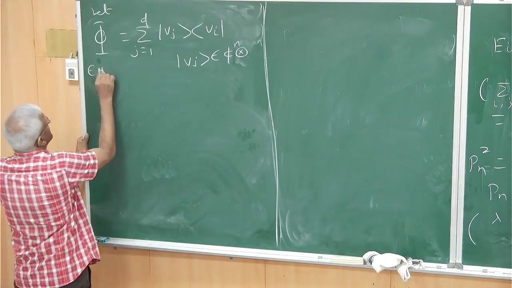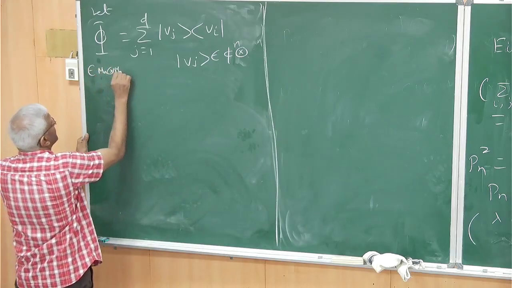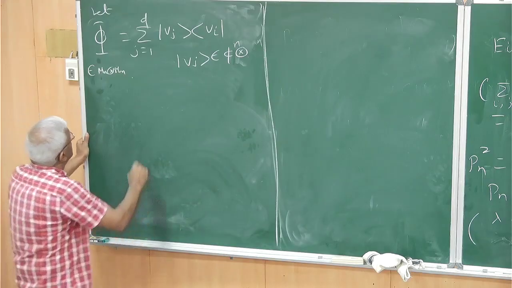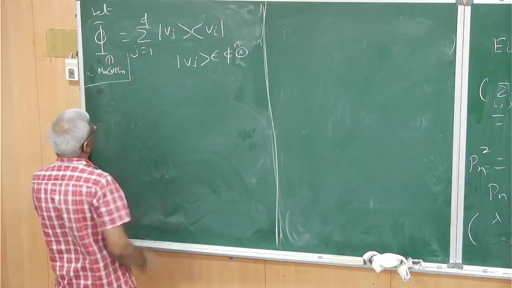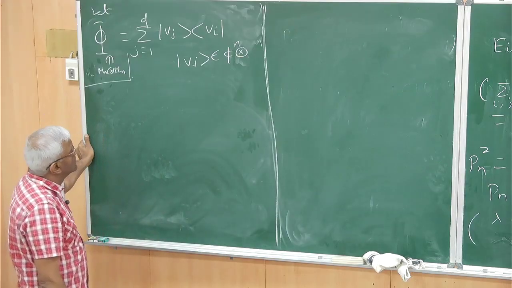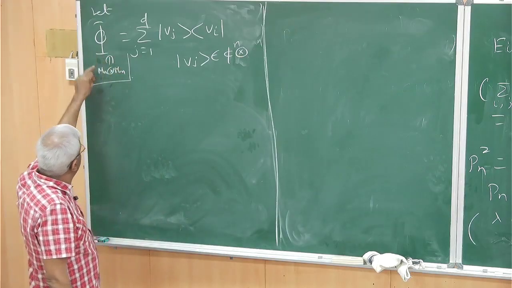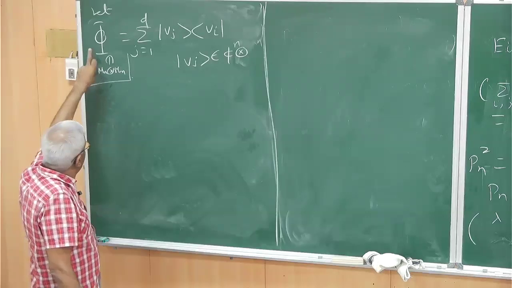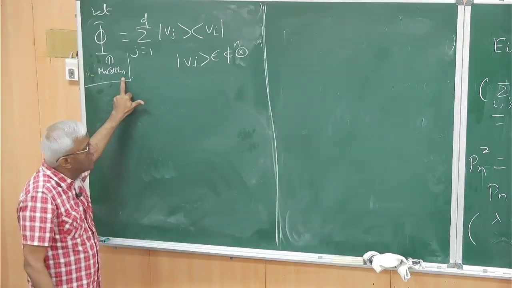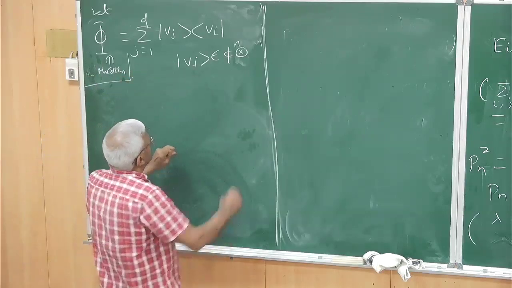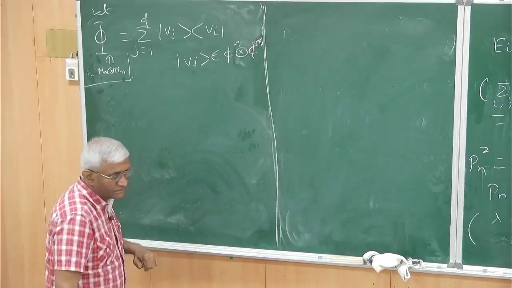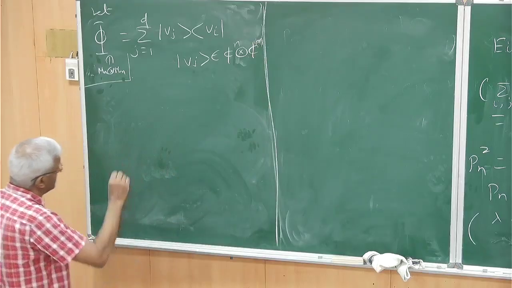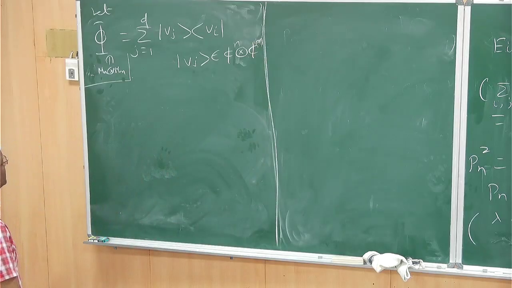Phi is in M_n tensor M_m, so these are all n cross n matrices with entries coming from M_m. So these vectors v_j should be in C^n tensor C^m.